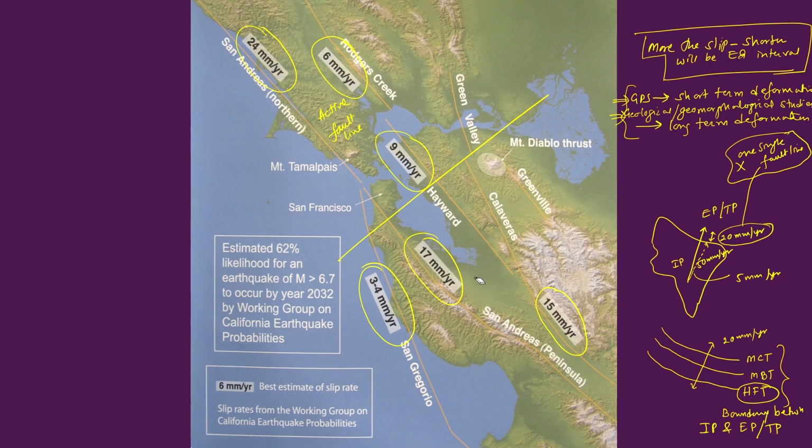Okay. So based on GPS estimation, if we consider that this part has more slip, then this area is going to trigger more earthquakes in a shorter interval, whereas this one will require a longer time span to trigger an earthquake, because all material within the interior of the earth, or we can say the crust, has different threshold limits.